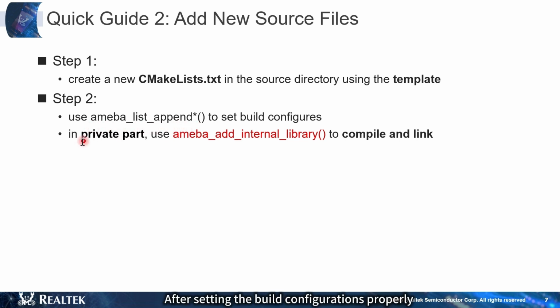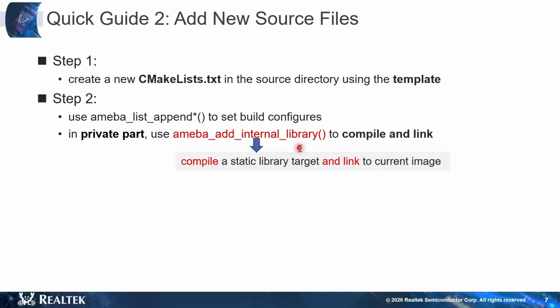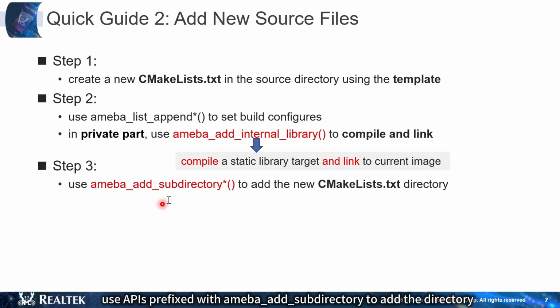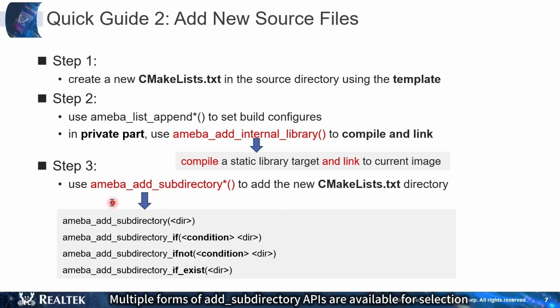After setting the build configurations properly, use the Add Internal Library API in the private part to make the configurations take effect. This API is used to compile the source files into a static library target and link it to the current image. Finally, use APIs prefixed with Ameba add subdirectory to add the directory containing the newly added source files as a subdirectory. Multiple forms of add subdirectory APIs are available for selection.